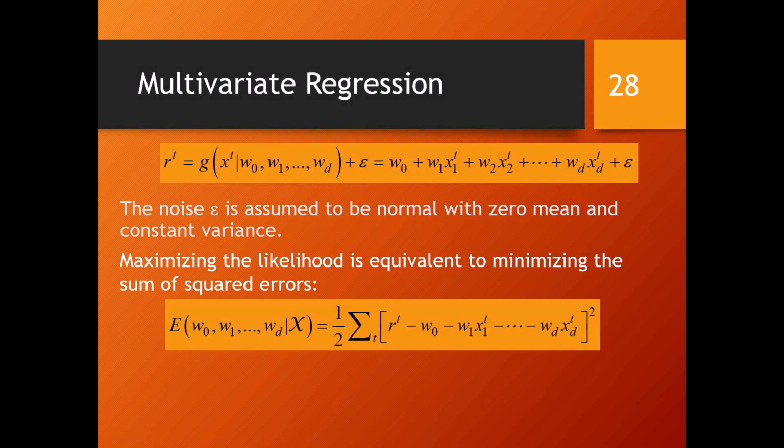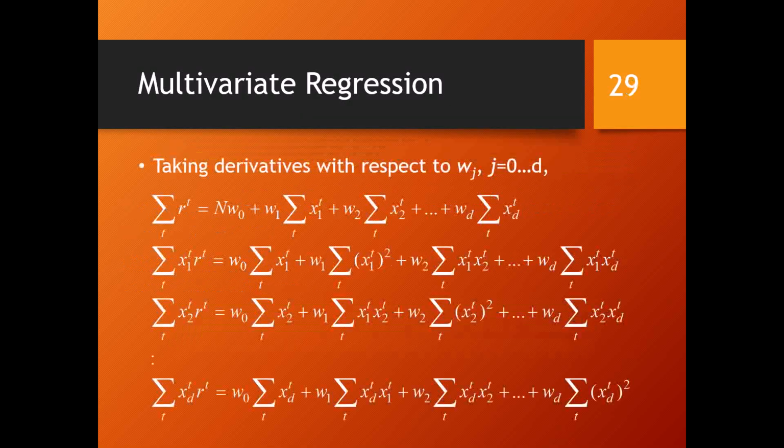So we want to minimize this square error, so we have to take partial derivative of this square error with respect to W0, W1 up to WD.